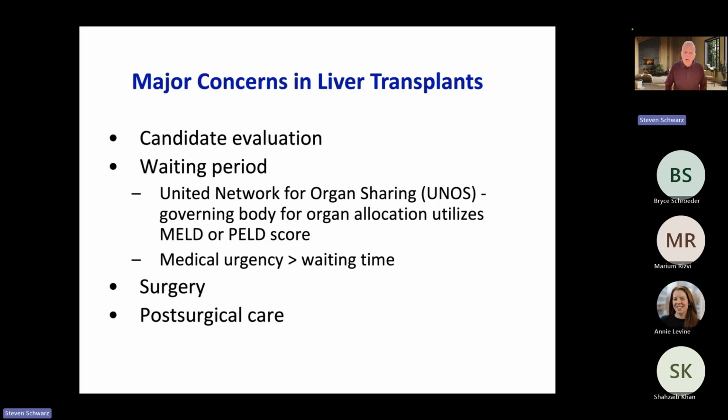This is the governing body for organ allocation, and they utilize the MELD or PELD score, which we will review. Medical urgency is obviously a problem, as is the waiting time prior to the ability to perform transplant. And then we have the surgical availability and the problem of post-surgical care. So we'll look at all of these variables.